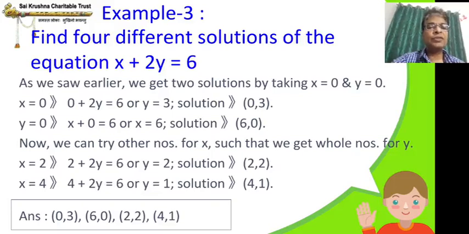So 4 solutions I have found. The first 2 may match what you have written, while the third and fourth may be different, which doesn't matter. We will see in the next page how to check whether your answer is correct or not.